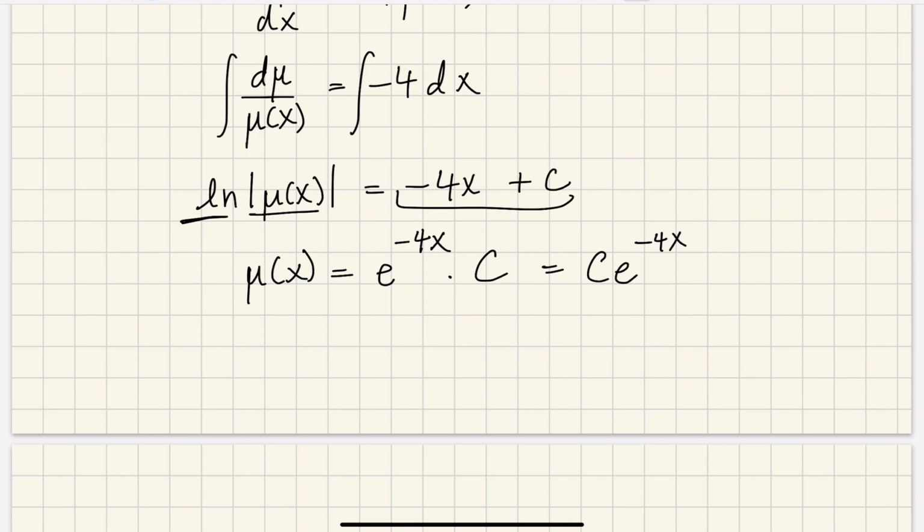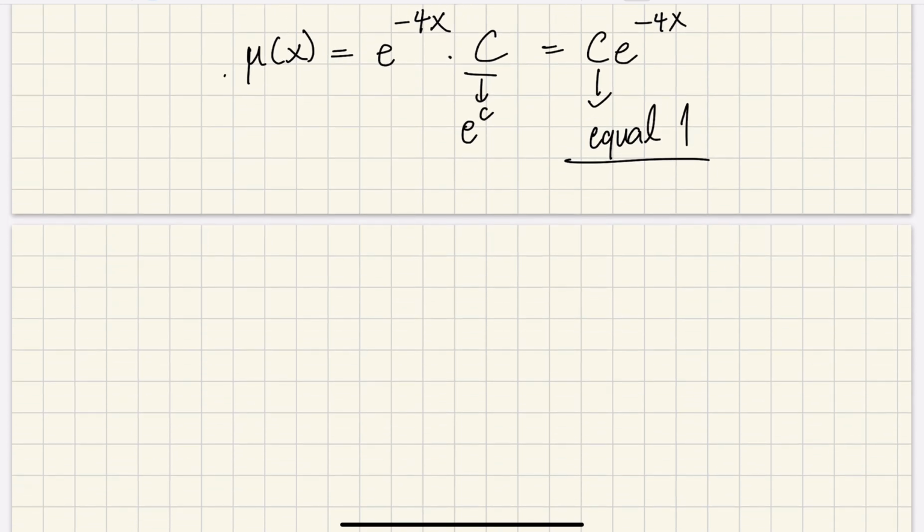Basically, how we get this c is just e to the power of the small c. So this is just some basic algebra. What we're going to do is let this constant c equal 1. We just want to get rid of this c.